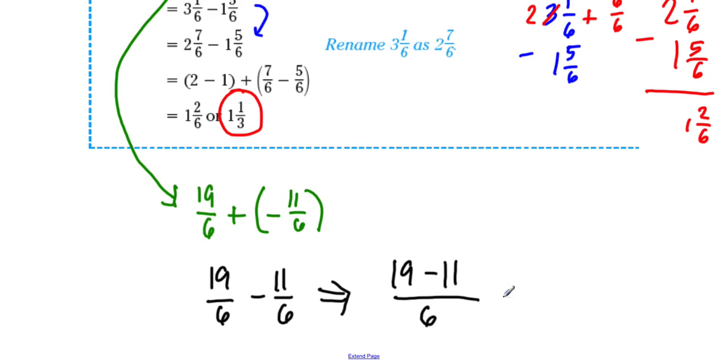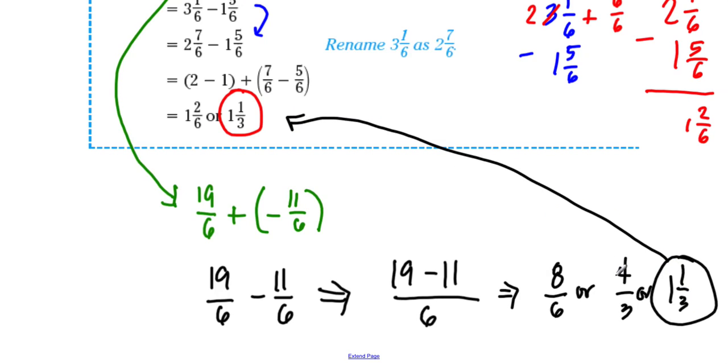And we know that 19 minus 11 is 8. So this becomes 8 over 6. Simplify 8 over 6: 4 over 3, or 1 and 1/3.